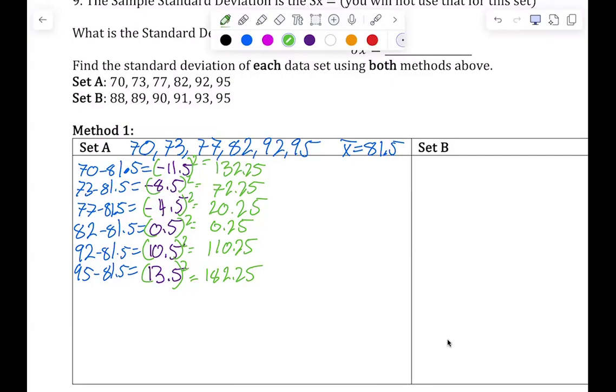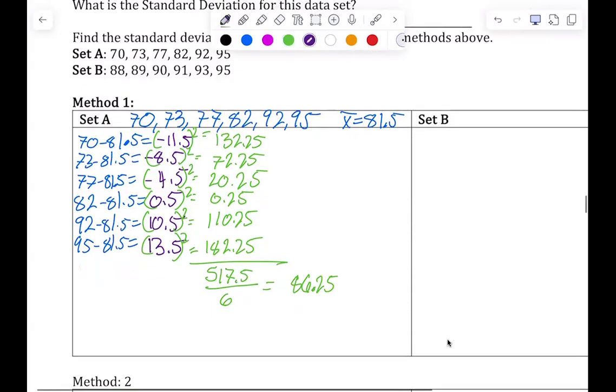What do we do after we square each of those? Last step, what do we do?